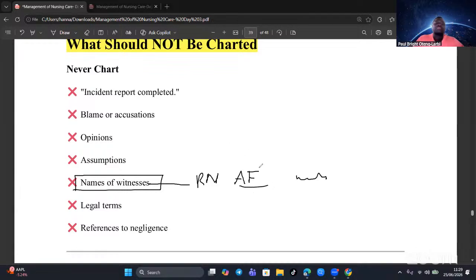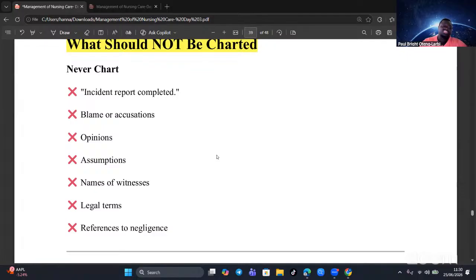So when it happens like that, they will go and look on the duty roster to see, on this date, which RN was on duty and what is the full name behind that initial. Then they will know that this person was on duty. And we also call him as a witness.